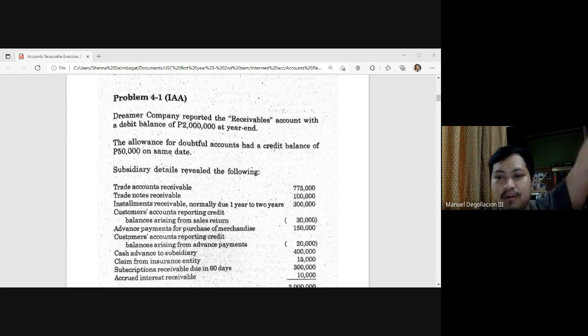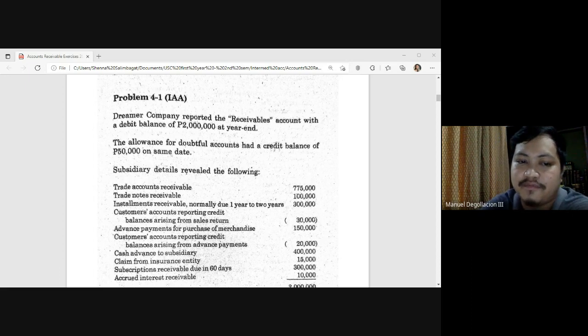Again, accounts receivable, class, represents a right to receive cash. And if the standard tells you to measure the asset at fair value, class, you will have to understand that the fair value will represent the present value of the cash flows that you expect to receive.